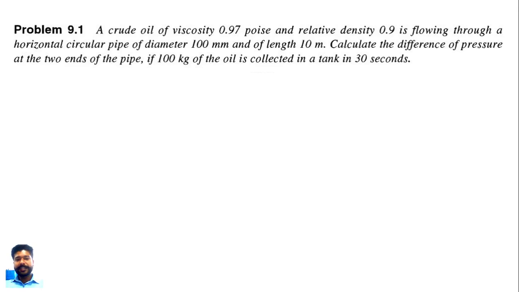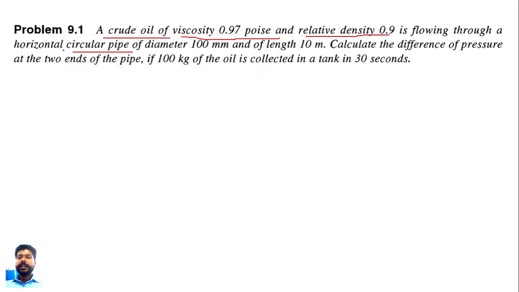Here is one example. A crude oil having a viscosity of 0.97 poise and a relative density of 0.9 is flowing through a horizontal circular pipe. Just remember, this example is only for the circular pipe.